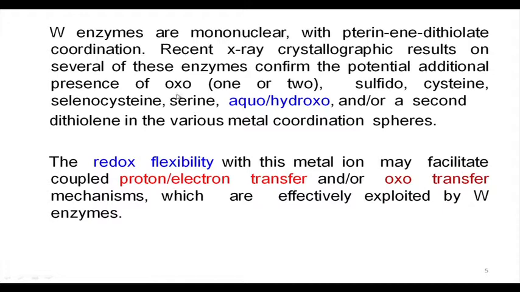Serine is giving the oxygen from the amino acid residue, or a water molecule is bound to it when nothing is available, or followed by a deprotonation of the water molecule giving rise to hydroxide coordination, or a second dithiolene in various metal coordination spheres.